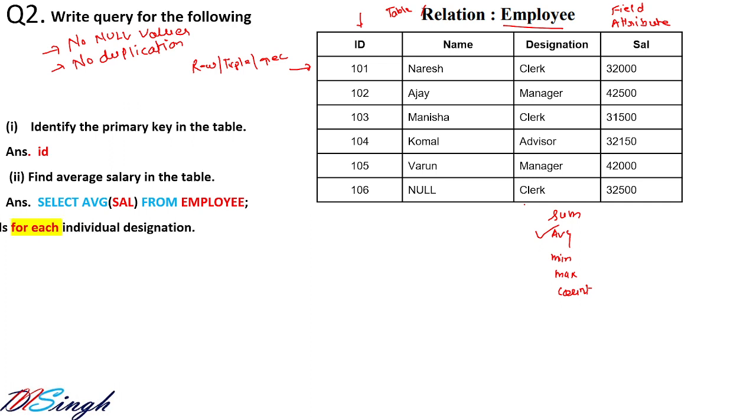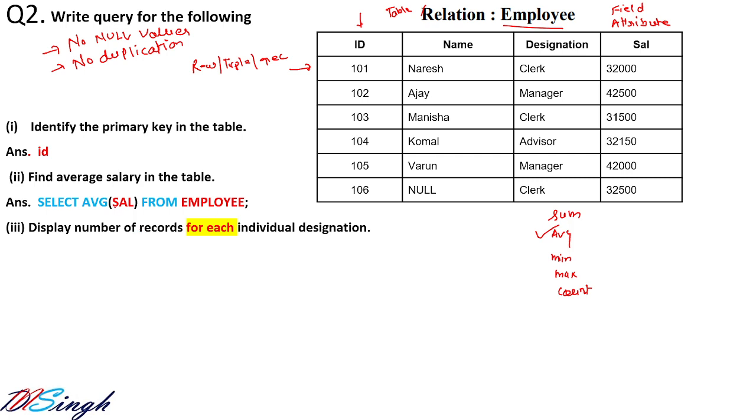Okay, fine. Let us go to the next question. Display the number of records for each individual designation. Remember that wherever you get such a phrase like for each, okay, for each individual designation, for each is the sign that you have to think of the group by clause, because we have to group the designation and then count how many records there are.